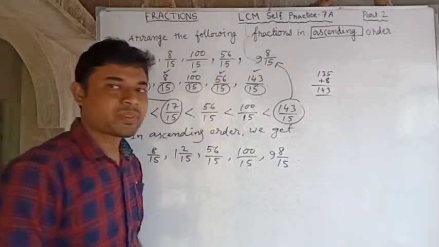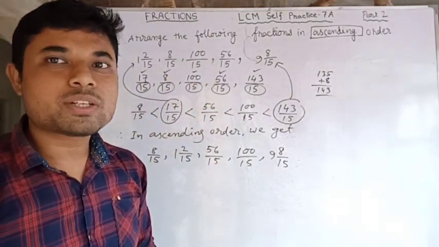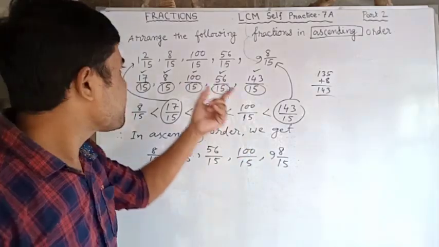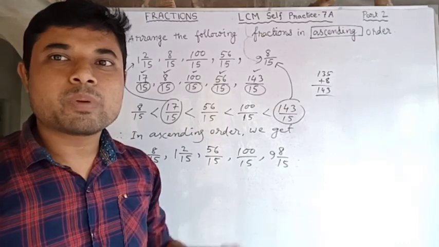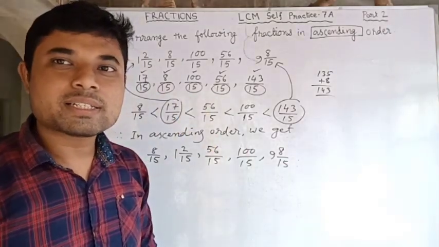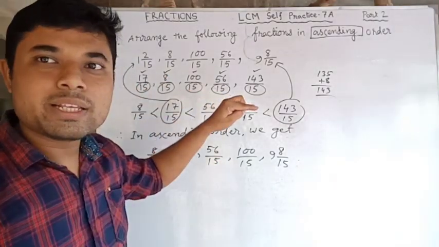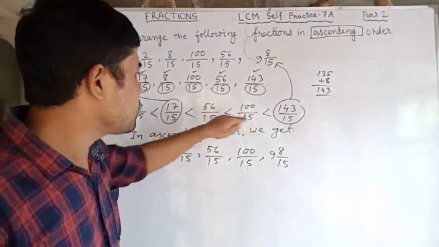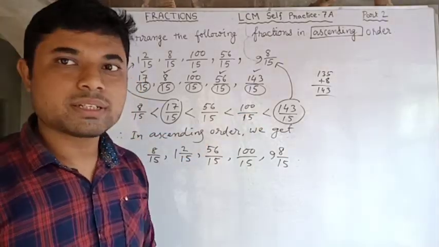This completes the solution. Is it clear, my dear students? First convert the mixed numbers to improper fractions, then see the denominators are the same, then the smaller numerator is the smaller fraction. In this way we have arranged them, and we get this answer in ascending order.